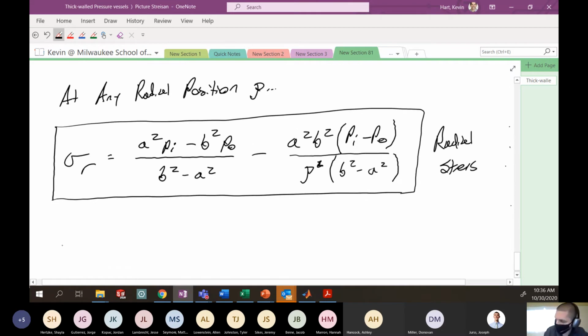Hoop stress. It's going to look very similar, except with the minus sign in the middle, which turns into a plus sign.